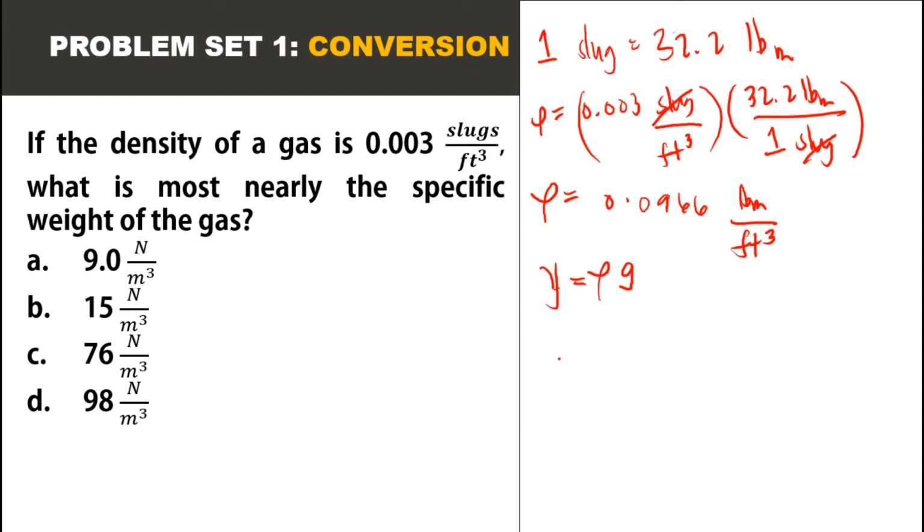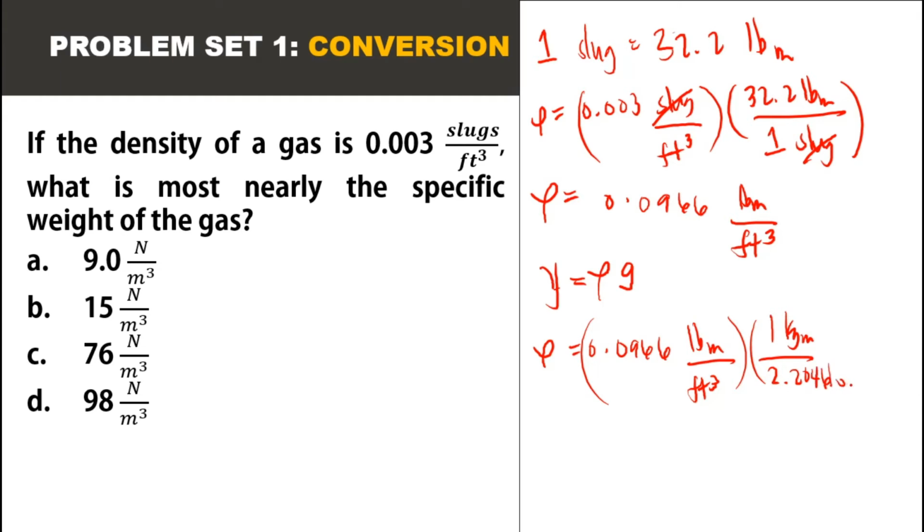We have the density 0.0966 pound mass per cubic feet. Converting pound mass to kilogram mass, so we have 1 kilogram mass. This is 2.2046 pound mass.